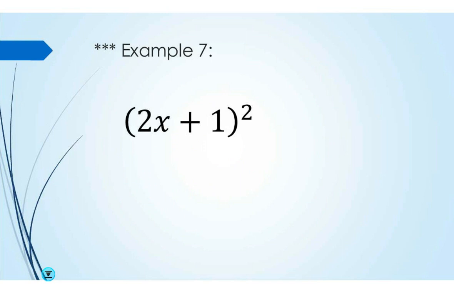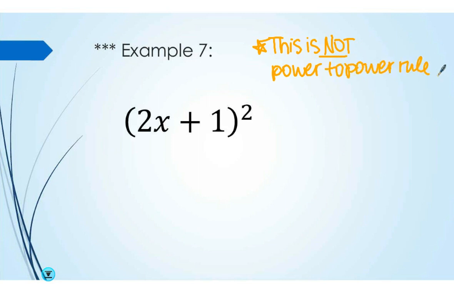All right, I'm not going to work this one out, but just make a note here. This is not the power to a power rule, like we saw in our exponent unit, and that's because of this plus sign in the middle here. So we must expand it.